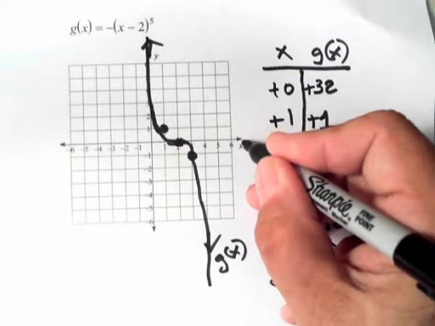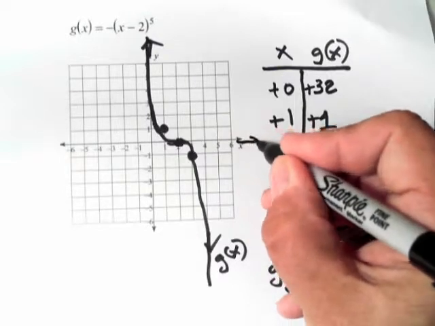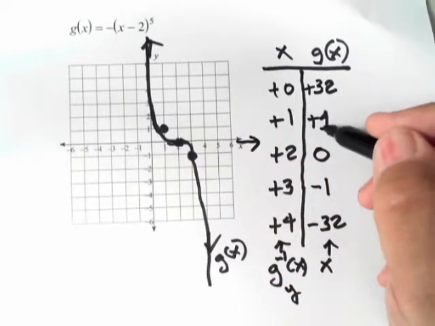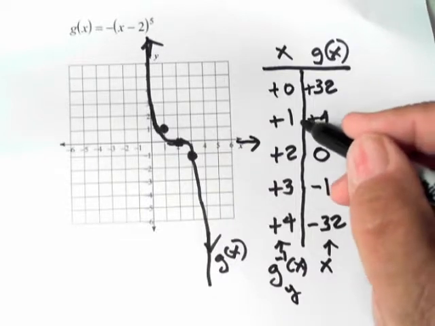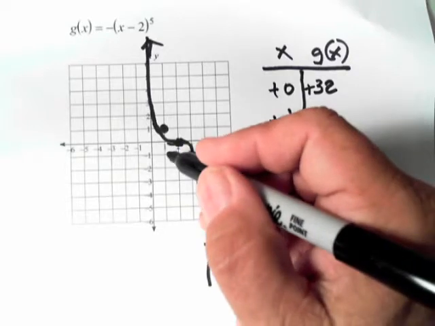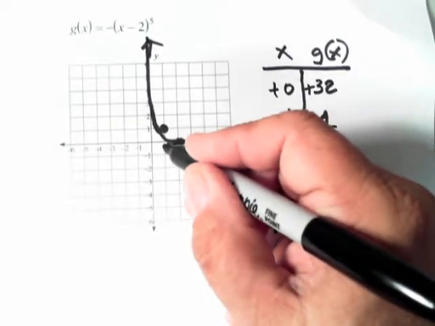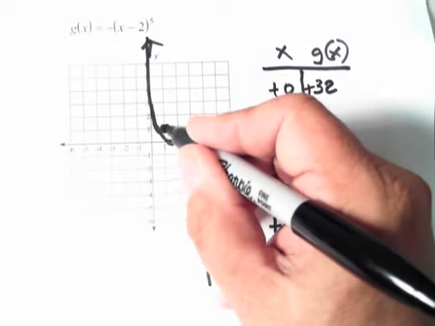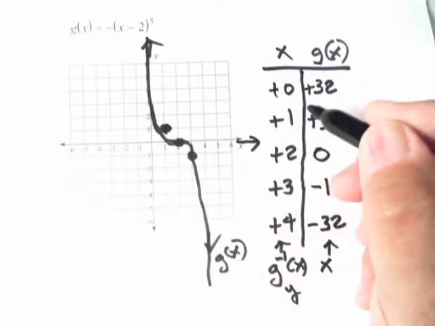So, here we are. I just put an arrow over here and say, way over there someplace. Okay, at x equals 1, we get y equals positive 1. So, at x equals 1, y equals positive 1. That's this guy right here.